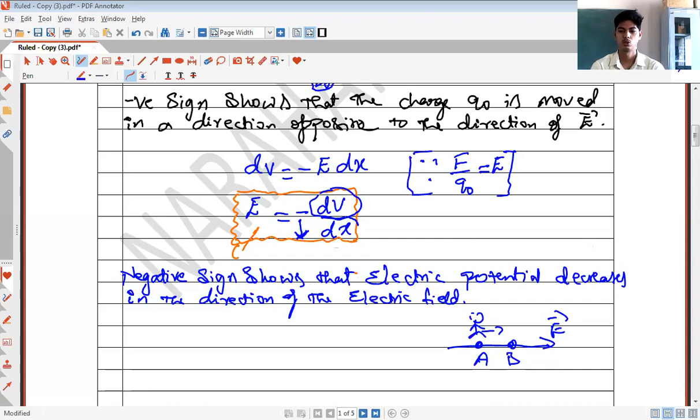If a charge happens to move in the direction of the electric field, it always means that the charge is moving from a higher potential point to a lower potential point.